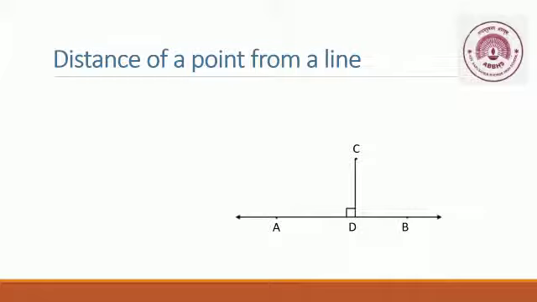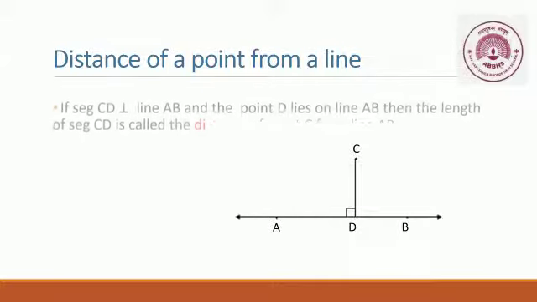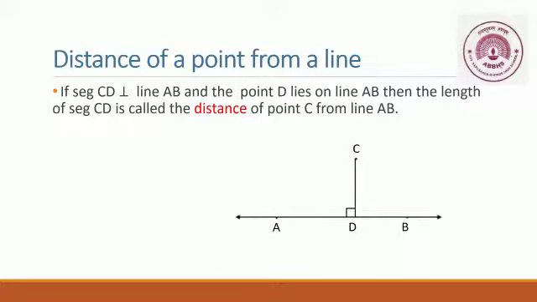Then the length of CD is called the distance of point C from line AB. That is, if segment CD is perpendicular to line AB and the point D lies on line AB, then the length of CD is called the distance of point C from line AB.